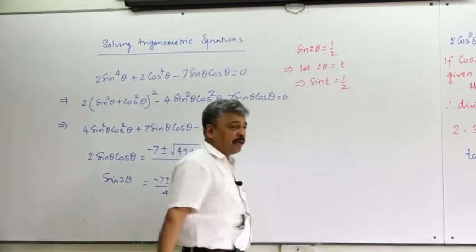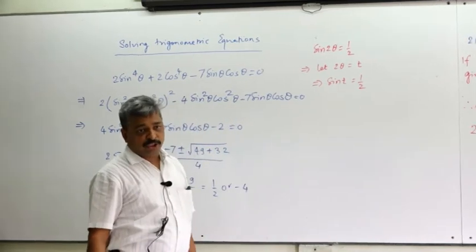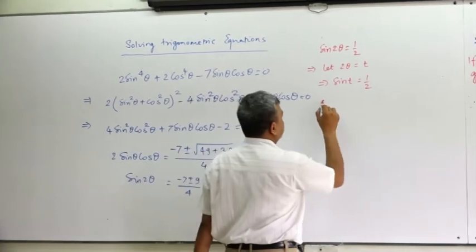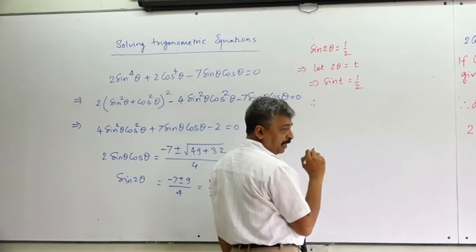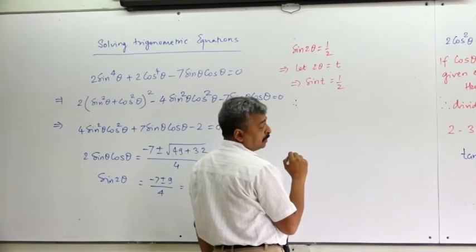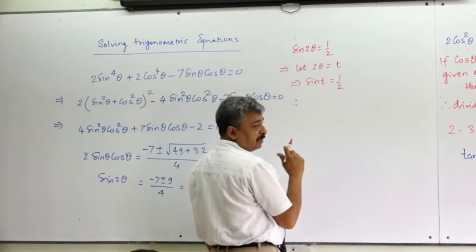Now this is in our standard format, of which the solution set is known to us, and hence the solution set for t is, what is the solution set for this equation?